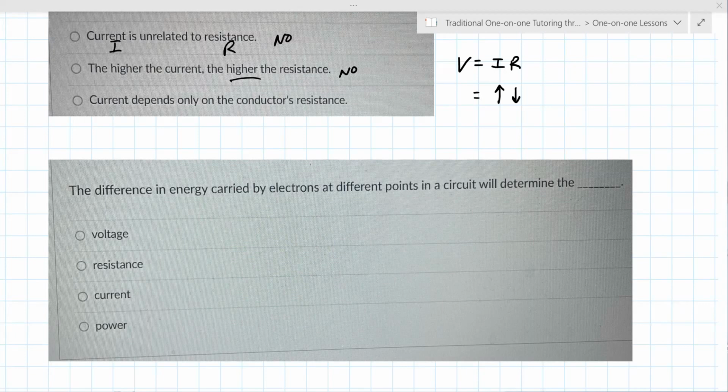Yes, this is just a straight definition of voltage. There's nothing more to that.